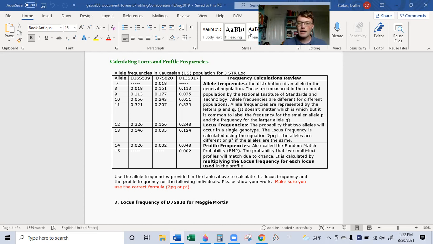Here's my formula for how to solve a locus frequency. I'll abbreviate locus frequency as LF. LF is equal to A times P times Q. Okay, that's my little formula here: A times P times Q, where A is equal to the number of different types of allele in the combo.